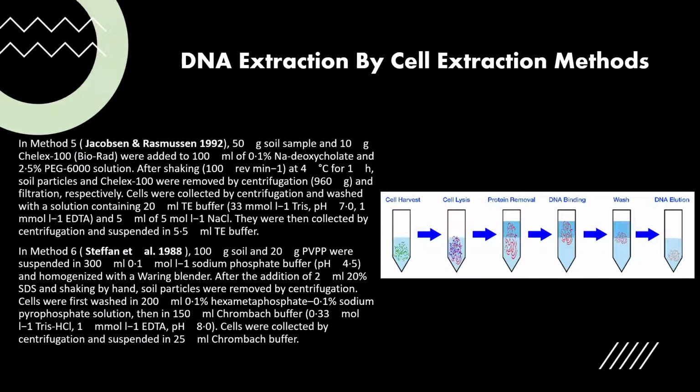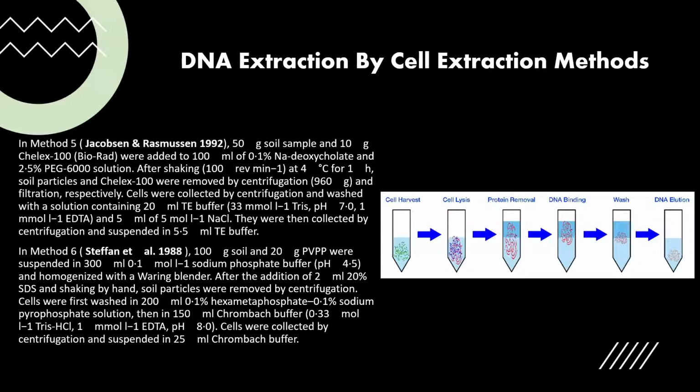In method 6, 100 gram soil and 20 gram PVPP were suspended in 300 milliliter 0.1 mole per liter sodium phosphate buffer and homogenized with a Waring blender. After the addition of 2 milliliter 20% SDS and shaking by hand, soil particles were removed by centrifugation.